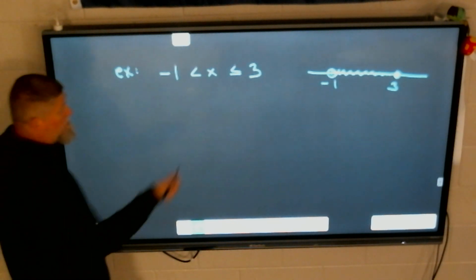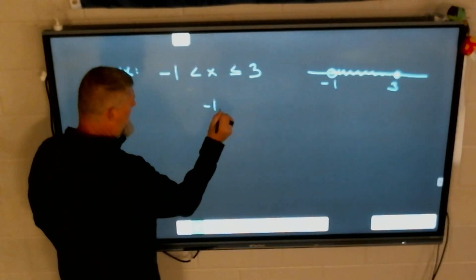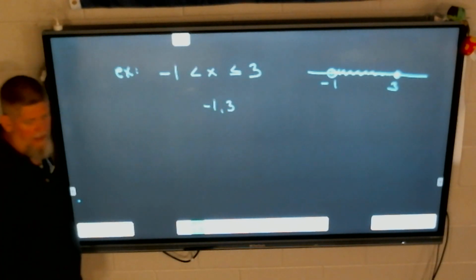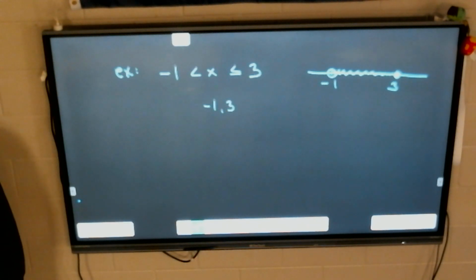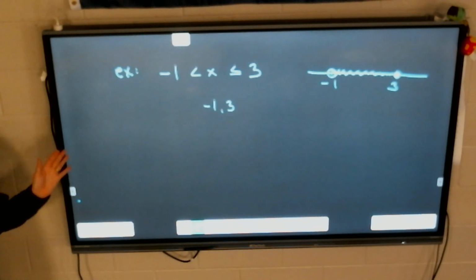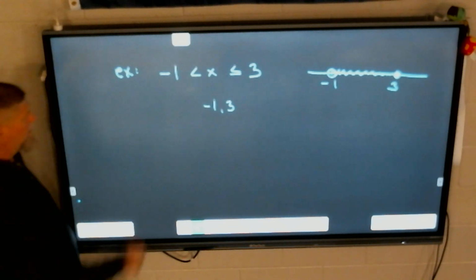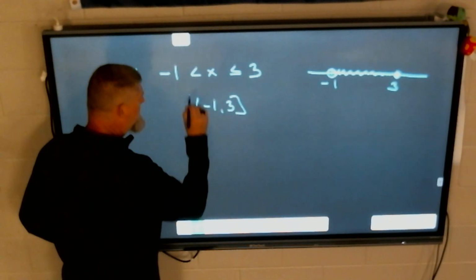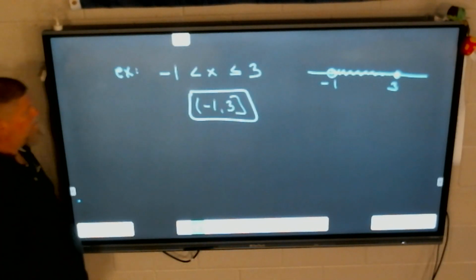So on my interval, I'm just going to bring the numbers down. Negative 1, 3, and then you just have to check if they are parentheses or brackets. Parentheses on the left-hand side because it doesn't get to negative 1, but it gets to 3, so a bracket on the other. So open, closed, and then your answer.